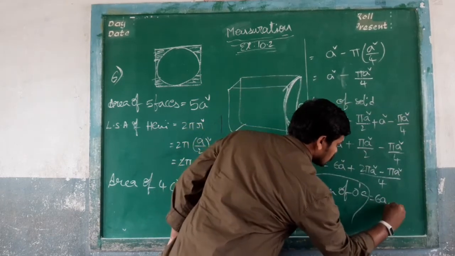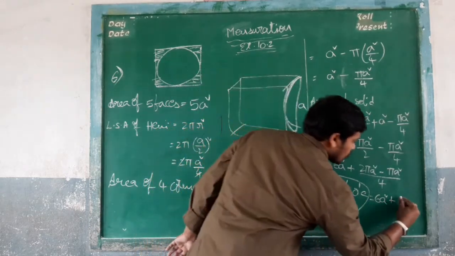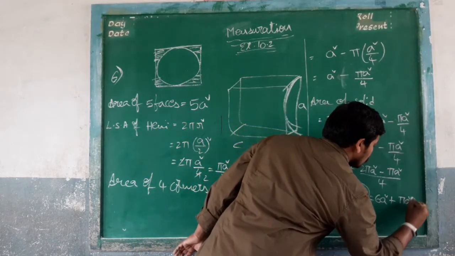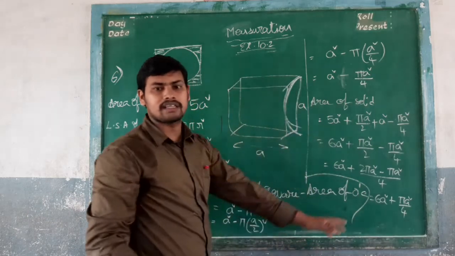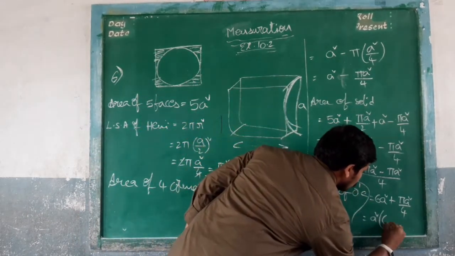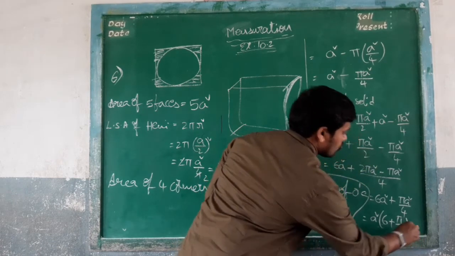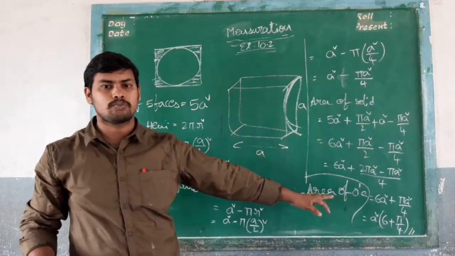So 6a square plus 2 pi a square minus pi a square, that is pi a square by 4. So what is the common factor here? a square. So a square into 6 plus pi by 4.